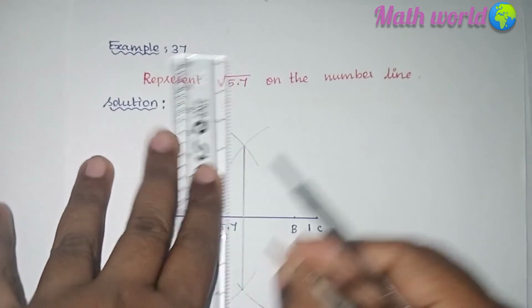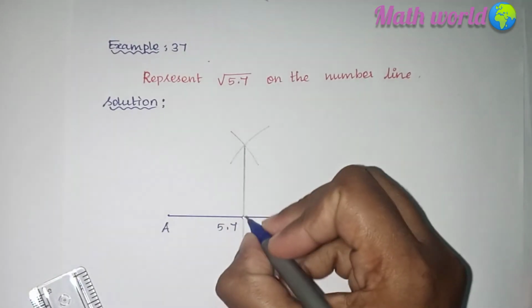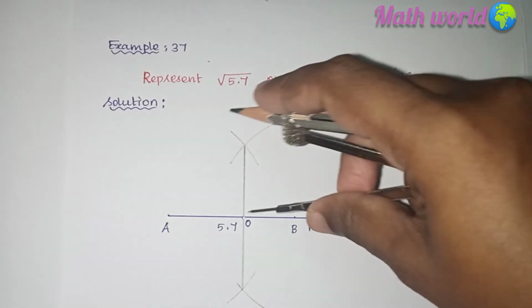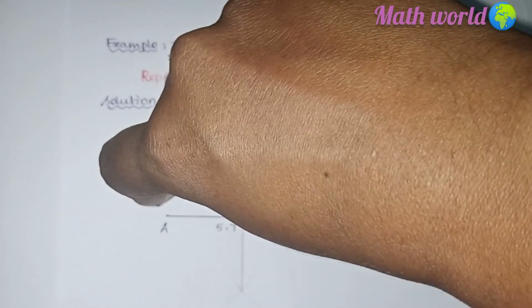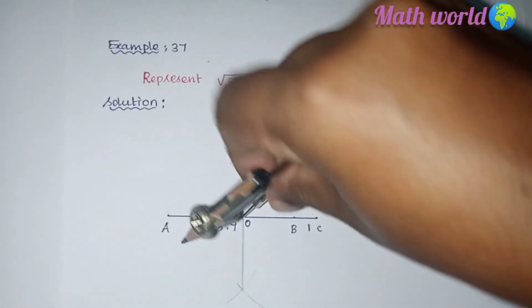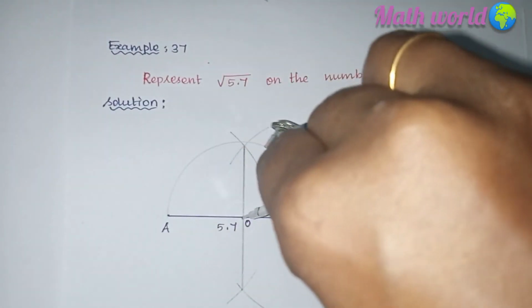When you join, it will meet somewhere. That point is marked as O. Now I take the compass again and measure O to A, keep the compass tip on O and draw one semicircle.